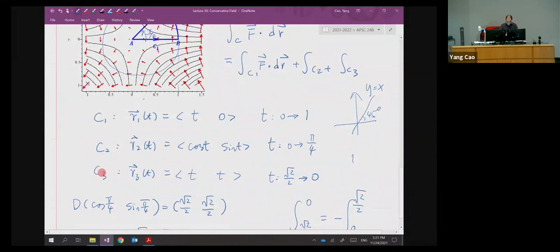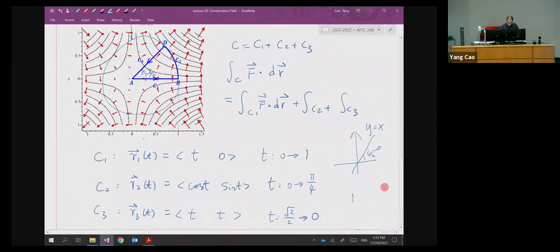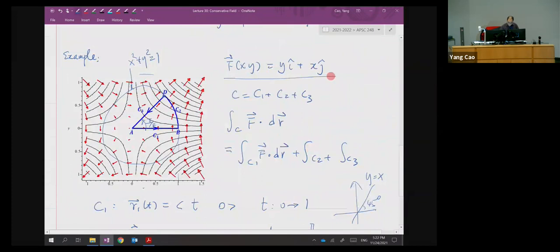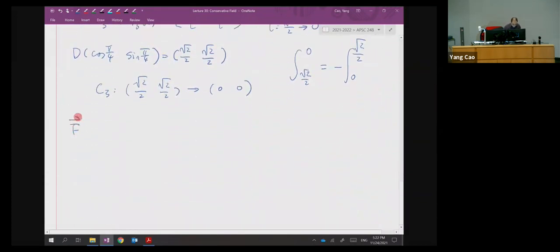However, I'm not going to do this in this way because fortunately, the vector field we have over here, f, we can find. Right now, I just write it down here.